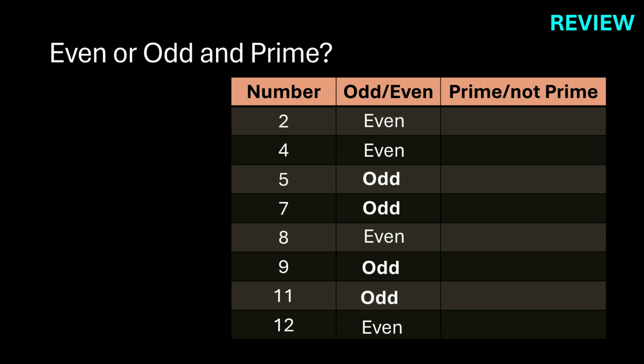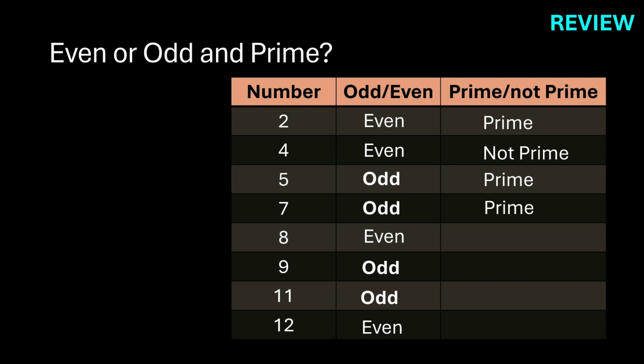Now consider whether these numbers are prime or not prime. So 2 has exactly 2 factors, 1 and 2. Therefore 2 is prime. 4 has more than 2 factors, which are 1, 2, and 4, therefore 4 is not prime. 5 and 7 are both prime.